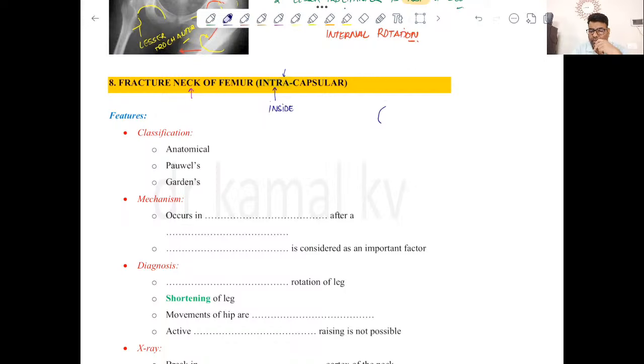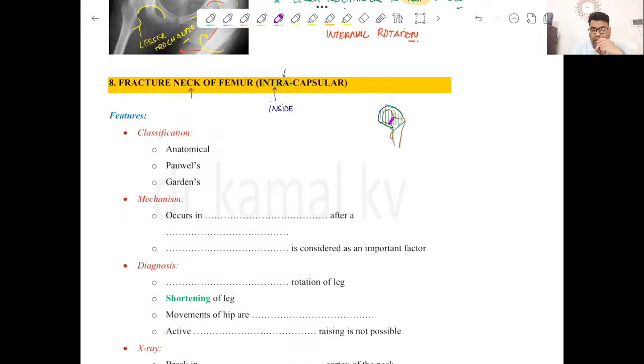Suppose this is the acetabulum and this is the head of femur. So this is the territory of the capsule of the hip joint. Intracapsular means the fracture is somewhere here, anywhere within the territory of the capsule.